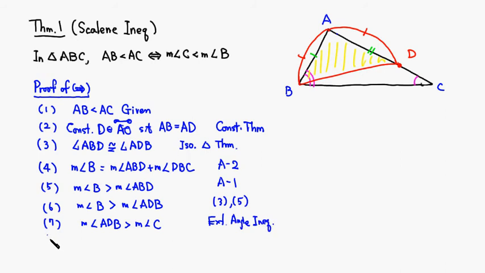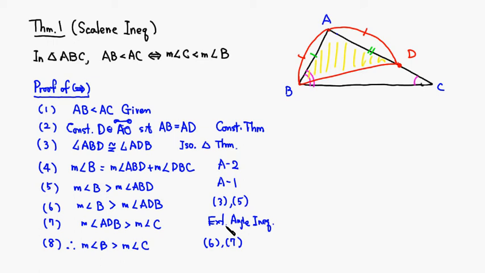Then we're almost done. By combining 6 and 7, the measure of angle B is strictly greater than the measure of angle C. That's the conclusion, and that's the proof of one implication.